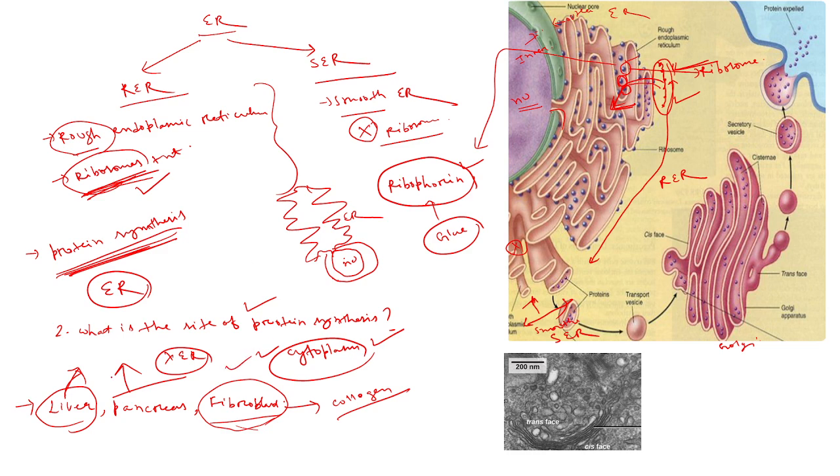Now again, the rough endoplasmic reticulum synthesizes the protein on the outside. Let's say this is the protein. This protein is synthesized at the outside. After that it enters inside the endoplasmic reticulum.